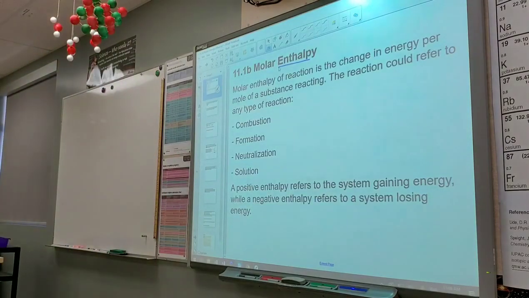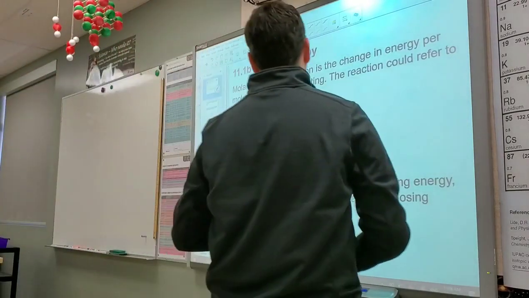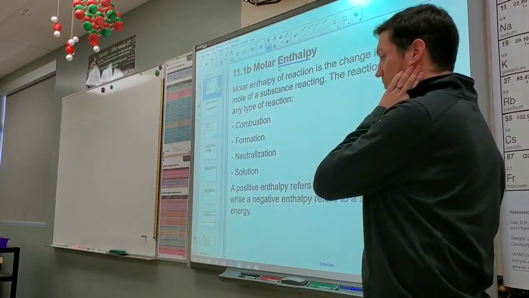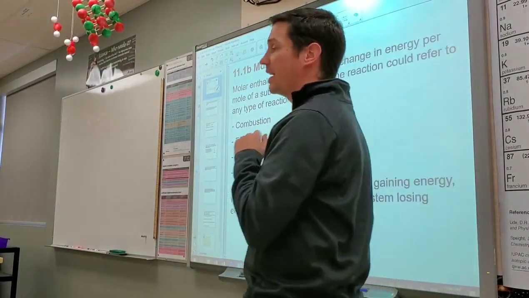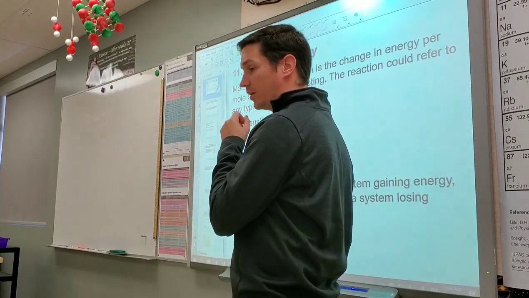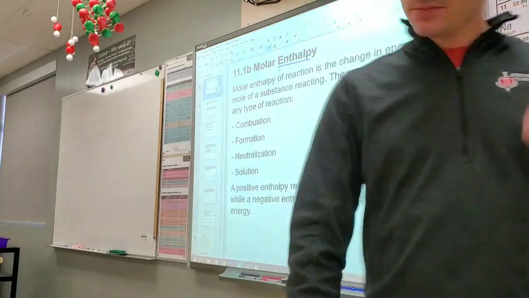Except this time, instead of getting enthalpy, which is in kilojoules, I want you to look at your data booklet and tell me what the units are for molar enthalpy. It's on page 2 of your data booklet, the first page after your periodic table.